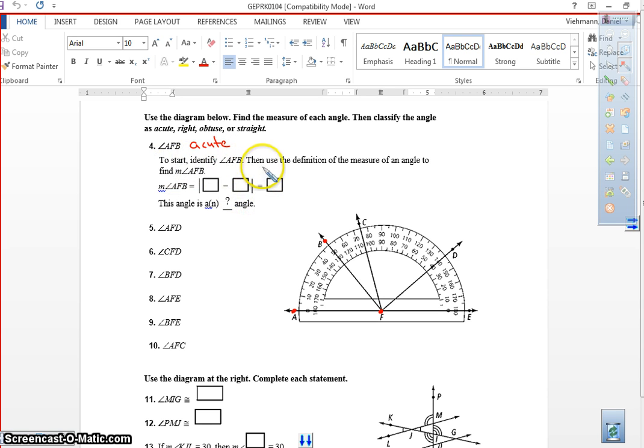Start, identify AFB, then use the definition of the measure of the angle to find the measure of angle AFB. So the measure of angle AFB is 50 minus 0, which is 50. Questions on that one?